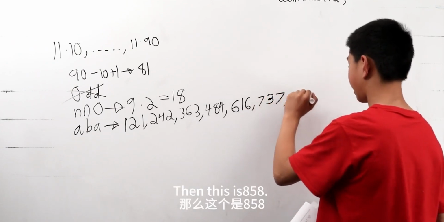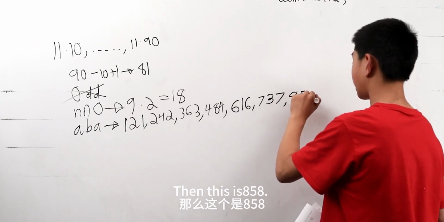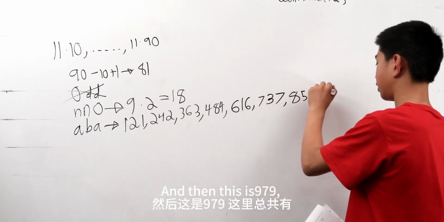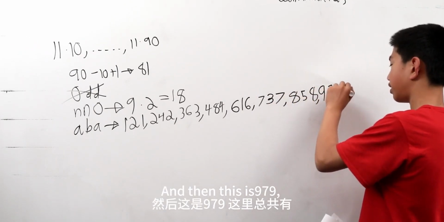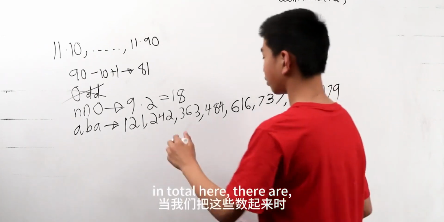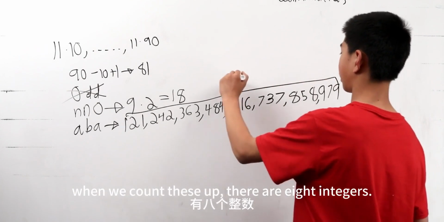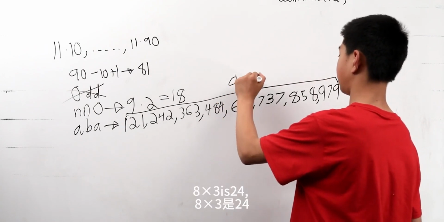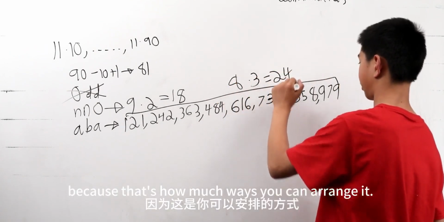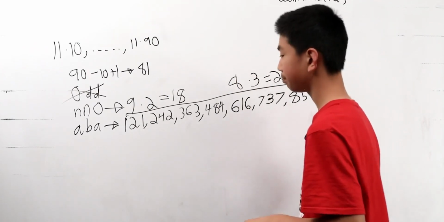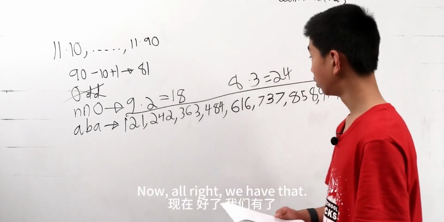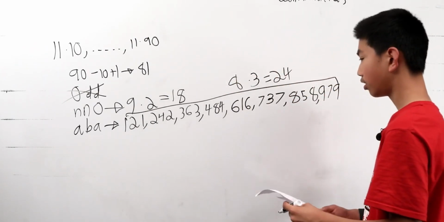Then this is 8, 5, 8, and then this is 9, 7, 9. So in total here, there are 8 integers. 8 times 3 is 24, because that's how many ways you can arrange it.